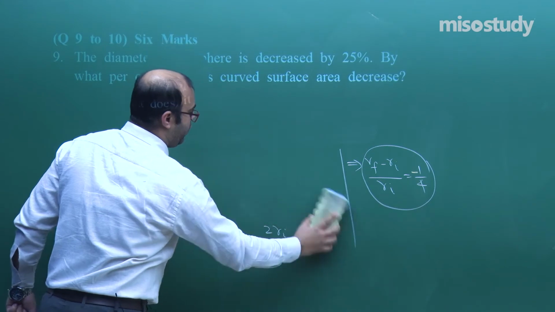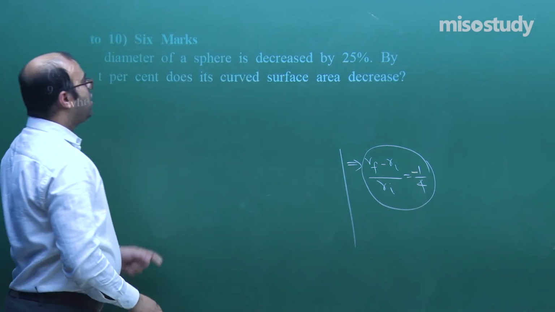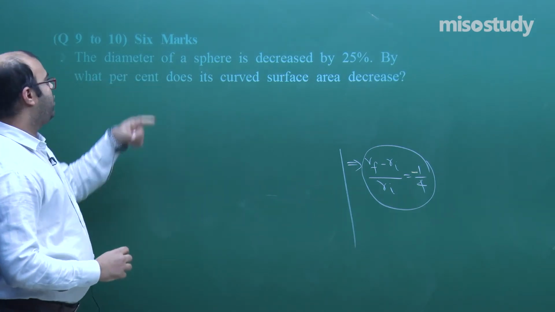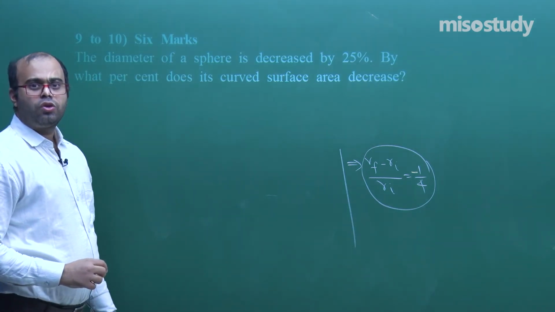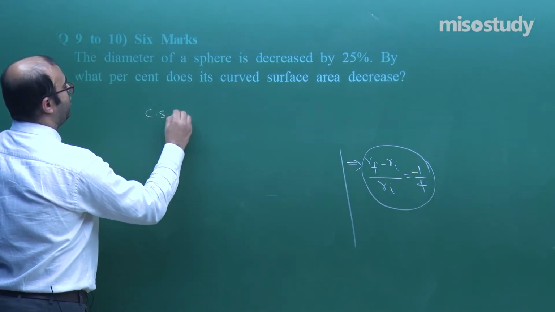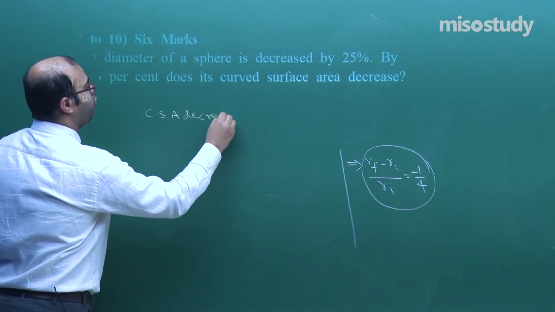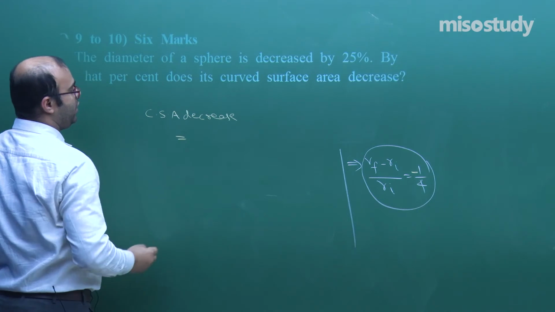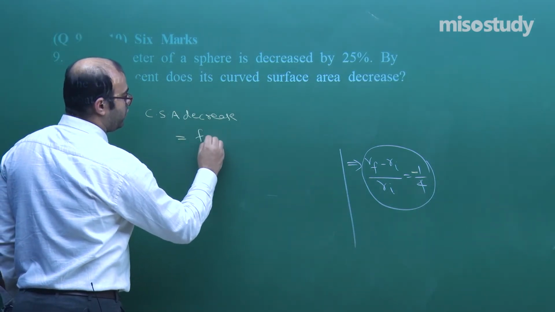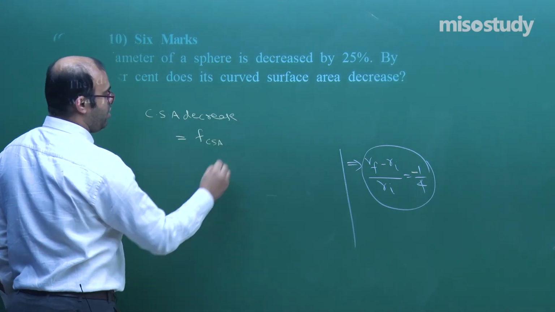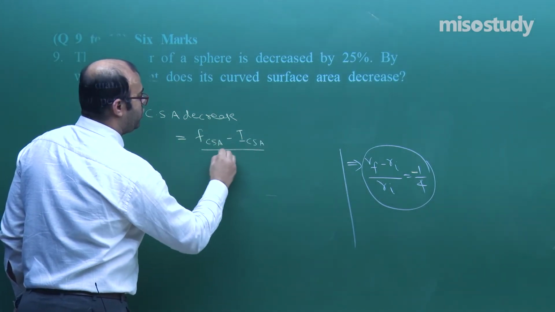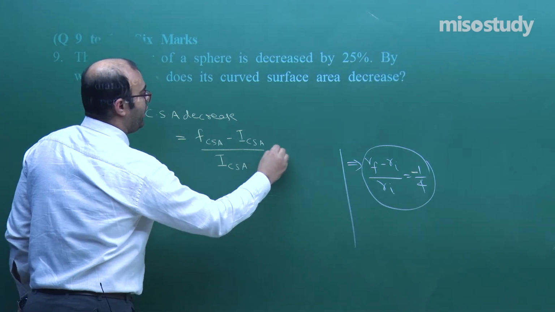Now let us see what is the decrease in its curved surface area. So this is a sphere and its curved surface area is going to be 4 pi r square. So curved surface area decrease in percent we have to find. So what we will say, that the final curved surface area, so let us call it as FCSA minus initial curved surface area upon initial curved surface area into 100%.